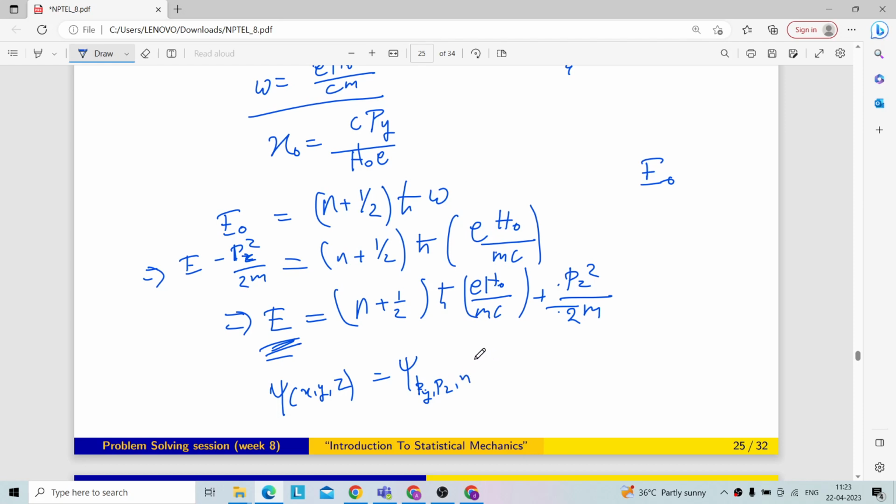This is n, and this will become e to the power i (py y plus pz z) divided by h cross, and the rest I can write like this. This chi function will be dependent on x.